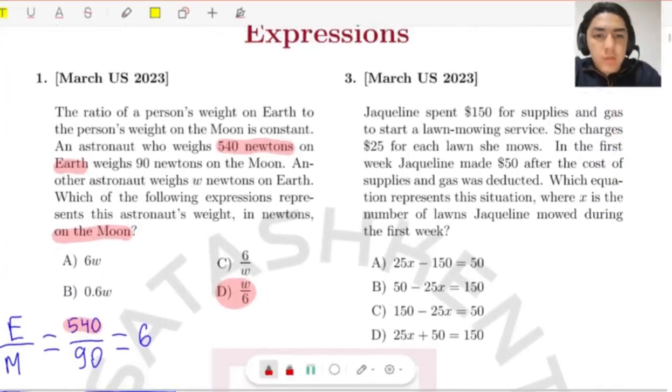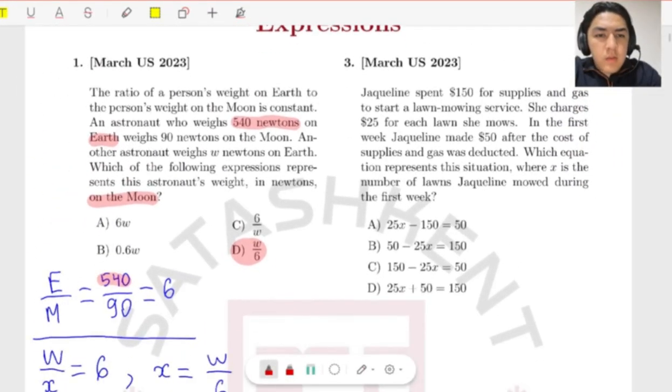Third question. Jacqueline spends $10 for supplies and gas to start a lawn mowing service. She charges $25 for each lawn she mows. In the first week, Jacqueline made this after the cost of supplies and gas was deducted. Guys, here you have to know the meaning of this word.